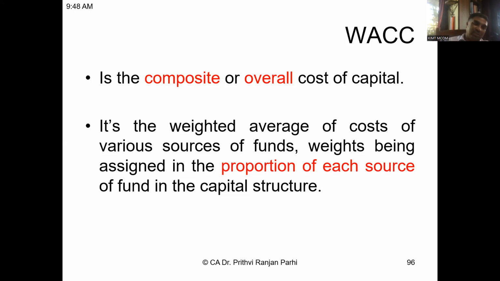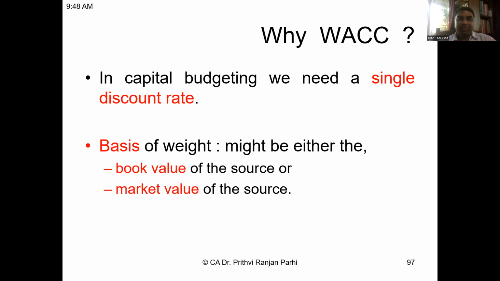We see what is the proportion of debt in the capital structure and what is the proportion of equity. Accordingly, we assign weights to them. Weight into cost, we get weighted cost. Then that weighted cost is averaged out to compute weighted average cost.